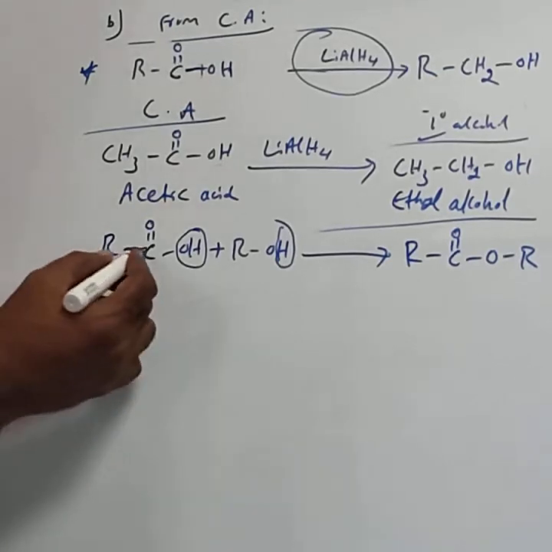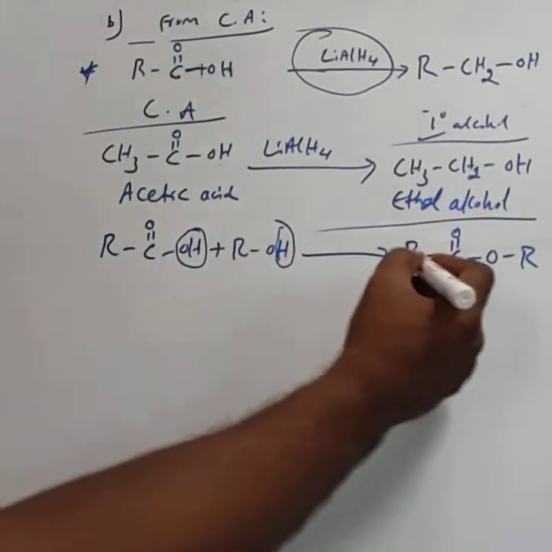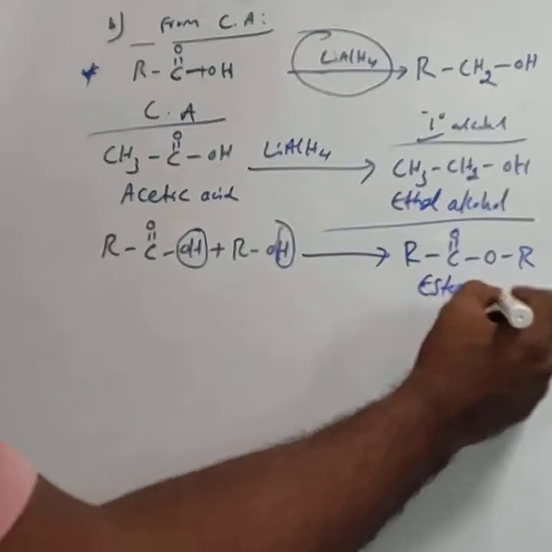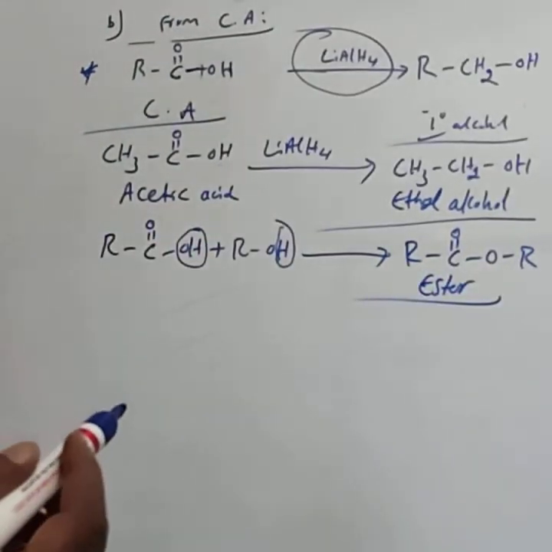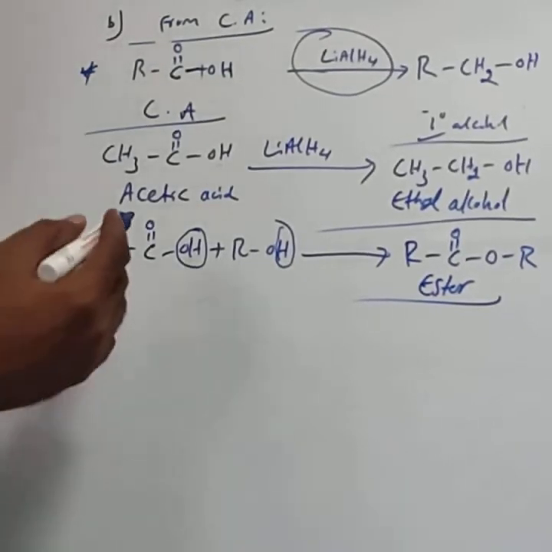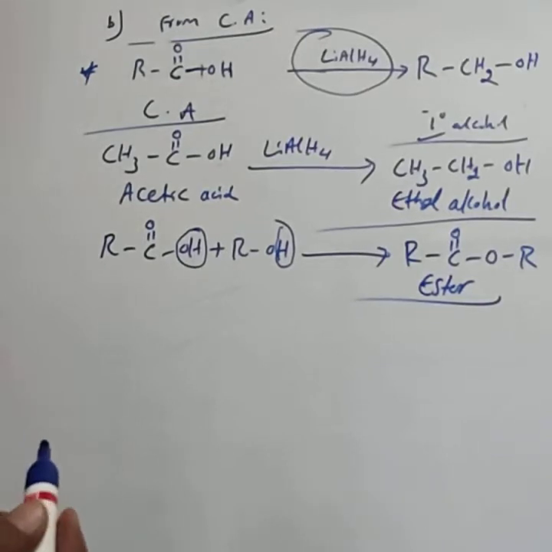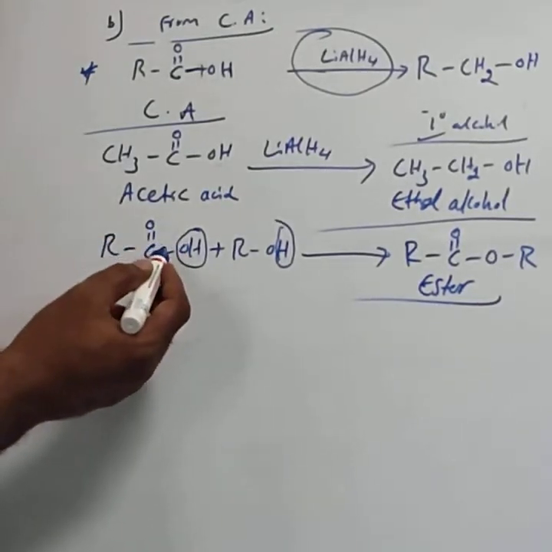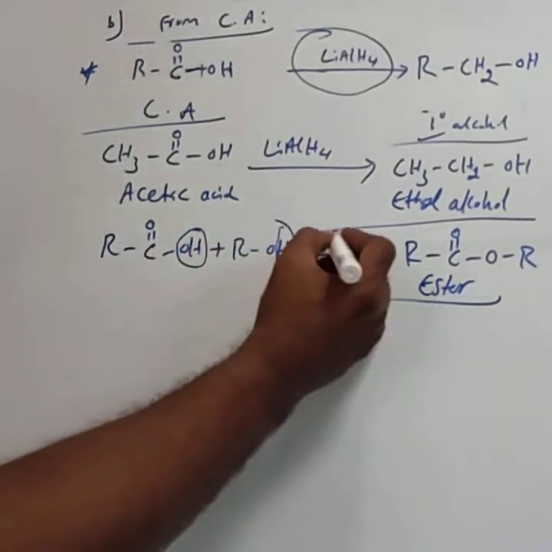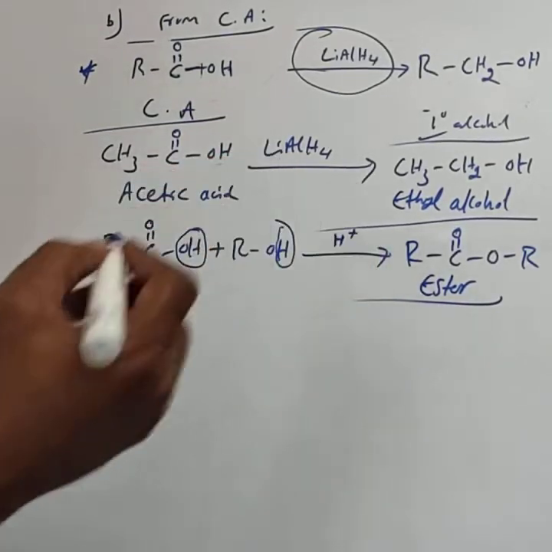Then it forms RCOOR. This is called ester. Since LiAlH4 is an expensive reagent, the carboxylic acid is converted into ester by treating it with alcohol in the presence of concentrated sulfuric acid.